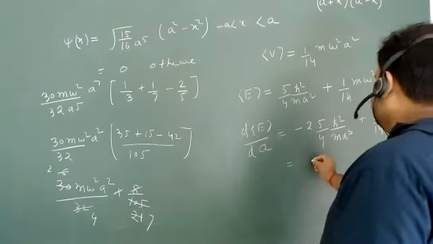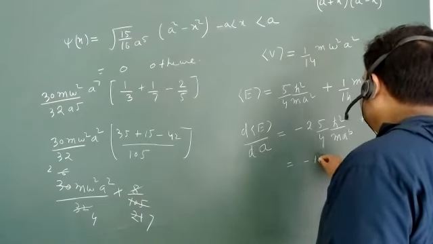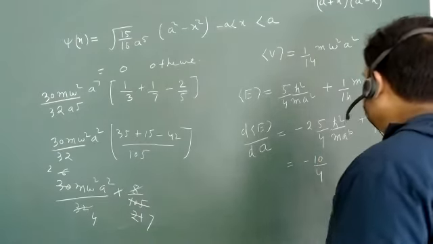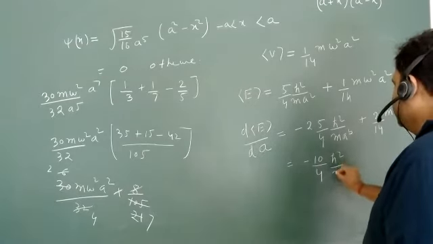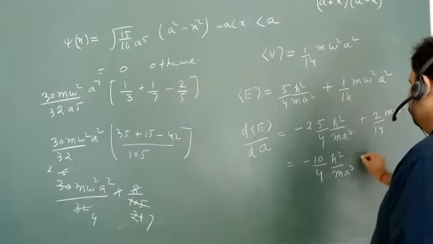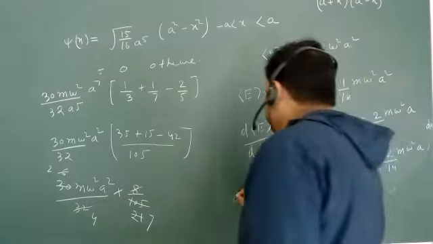So this value is basically minus 10 upon 4 h cut square upon m a cube, which must be equal to minus 2 upon 14 m omega square a. So I can get the value of a to the power 4.